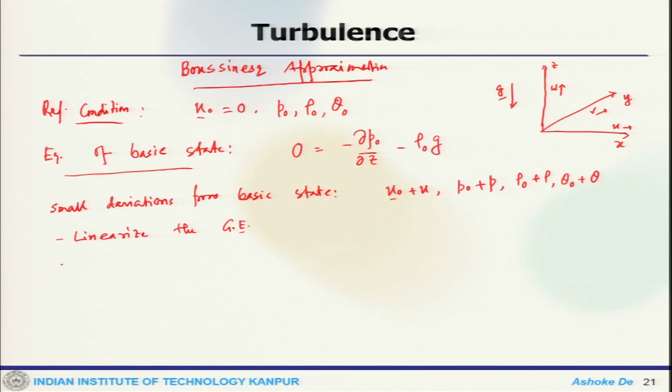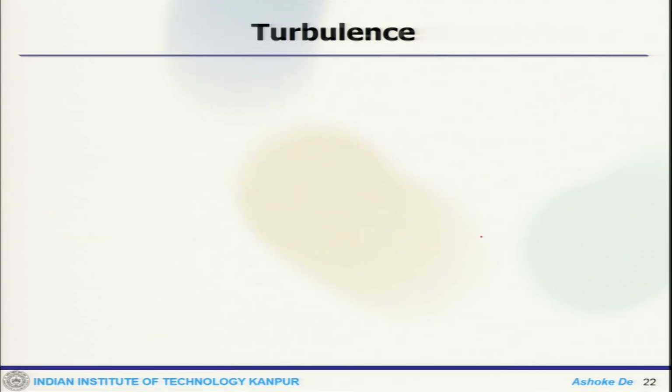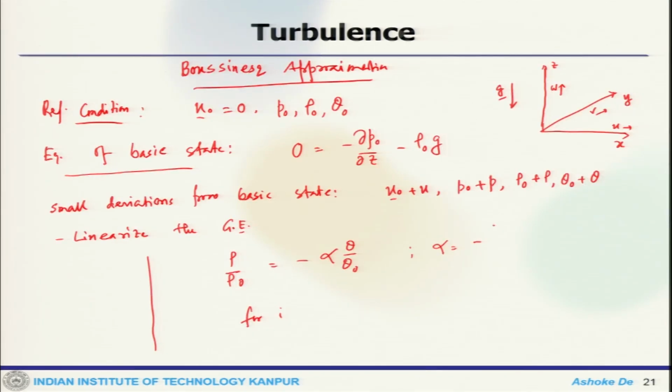The linearized system would look like this: rho by rho naught equals minus alpha theta by theta naught, where alpha equals minus theta naught by rho naught del rho by del theta at theta equals theta naught.